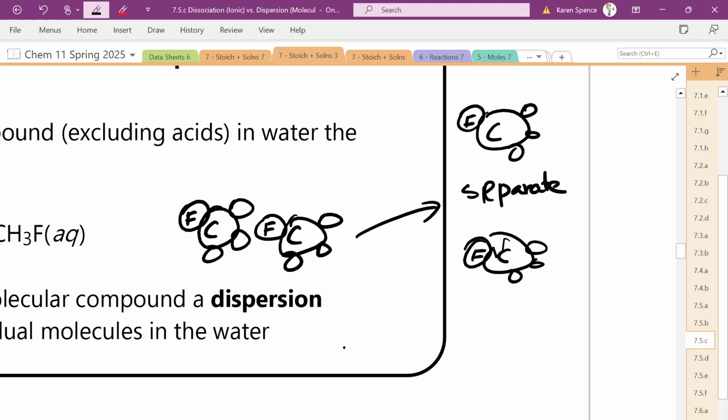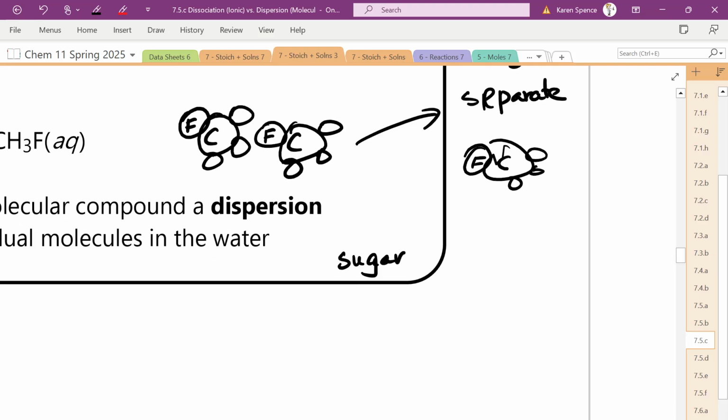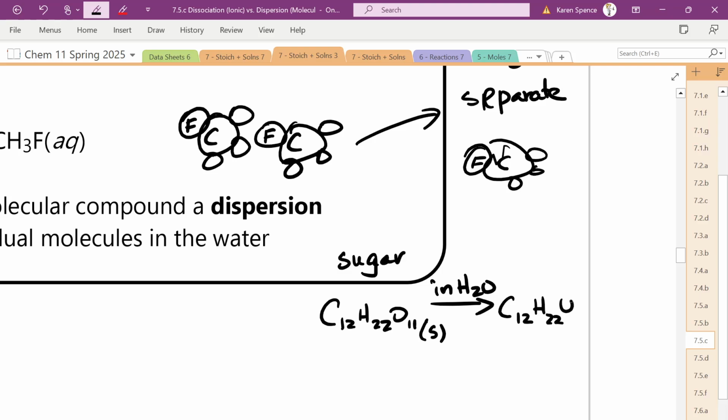When you have sugar in water, sugar is C12H22O11, and it is a solid. And when you put it into water, it is still C12H22O11, just now it is aqueous because every molecule is separate from every other molecule. Yeah?